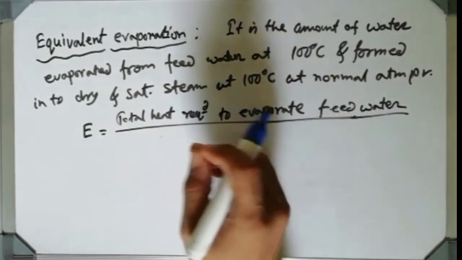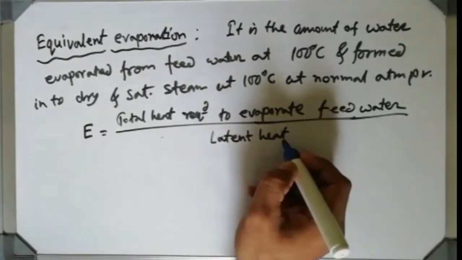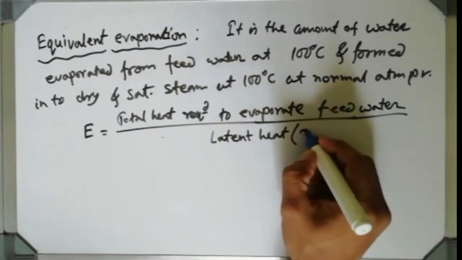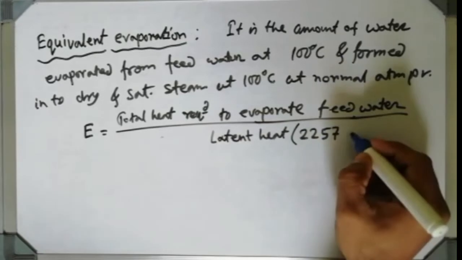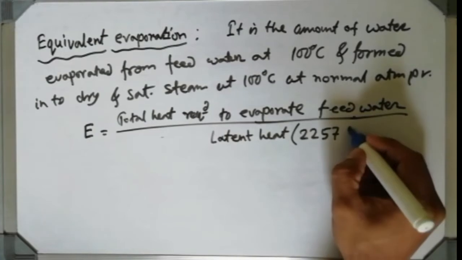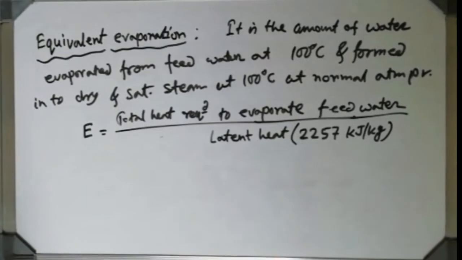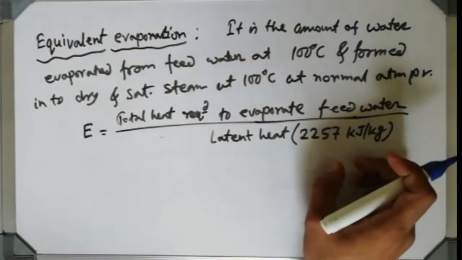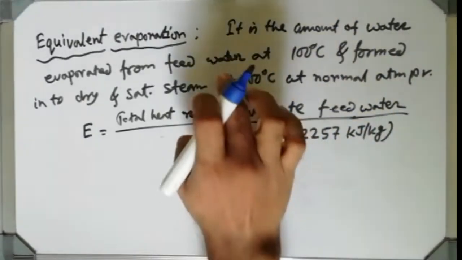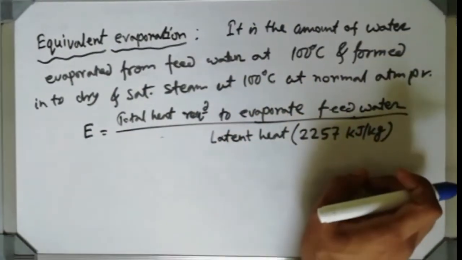The total heat converted is known as latent heat, and the latent heat magnitude at normal atmospheric pressure, I think some of you know this value, is 2257. That is the amount of latent heat required to convert water at 100 degrees centigrade to steam at 100 degrees centigrade.